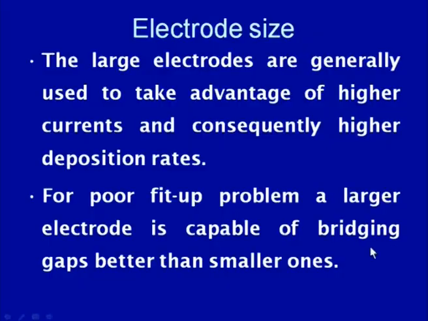So, the larger the diameter of the electrode, the wider will be the size of the arc, and the arc will be able to melt the faying surfaces to a greater depth from the edge, and thus will help in better bridging the gaps between the plates being welded. So, the poor fit up problem is somewhat reduced by using large diameter electrodes.